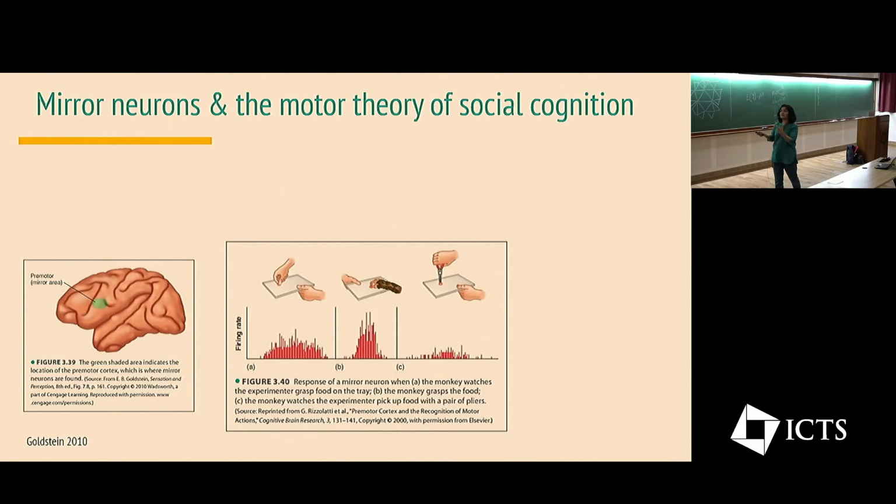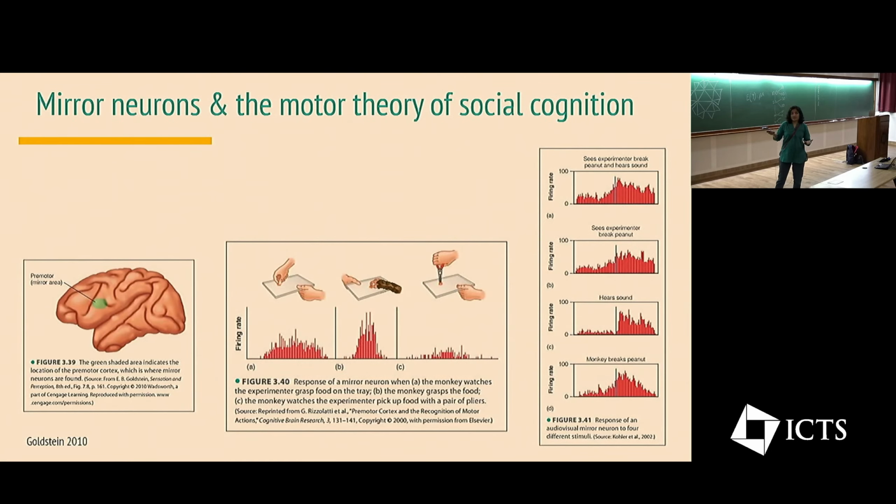So the same action had to be performed, while watching it as well as while doing it, for the same neurons to fire, right? They could also be multimodal, in the sense that they would fire not only when they saw the experimenter break the peanut, which has a visual component, but also with the audio input.